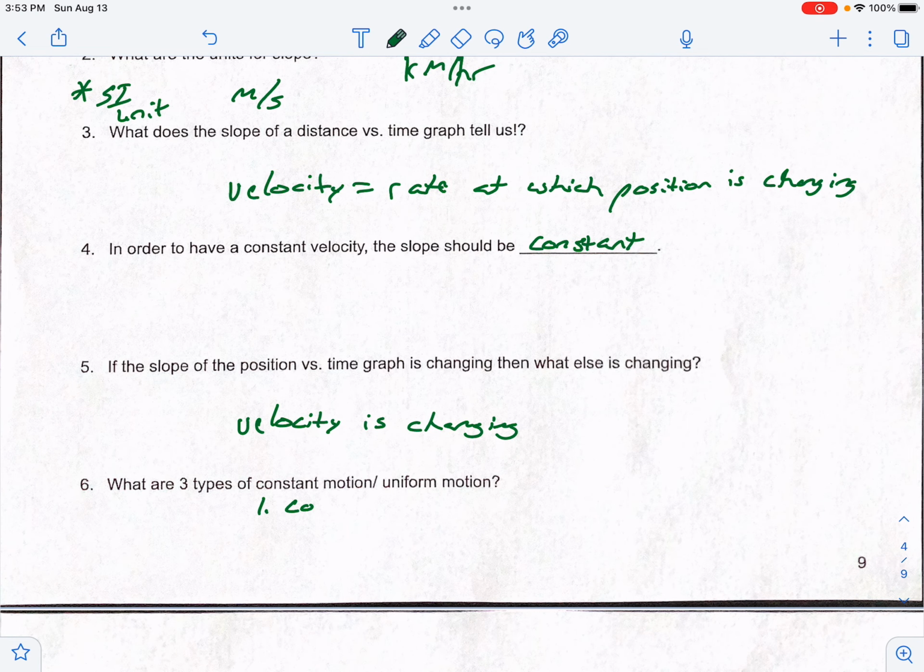Well, one, you have your constant positive, which means going forward at a constant velocity. Then you have your constant negative, which means you're going backwards at a constant velocity. And your last one means you're not moving at all, so no motion, meaning your velocity would be 0 meters per second. And that's the end of this video.